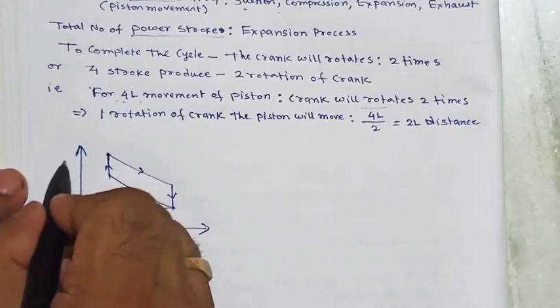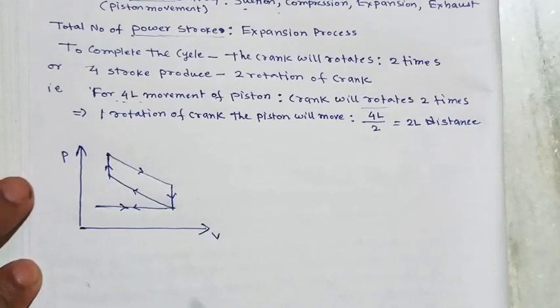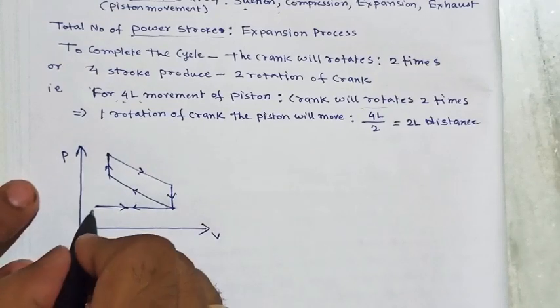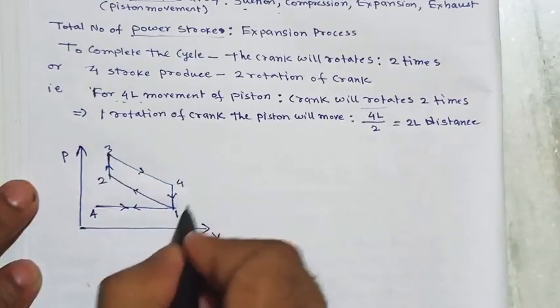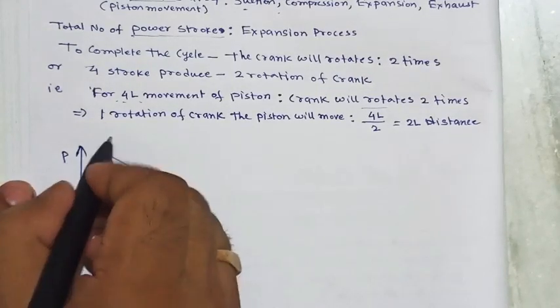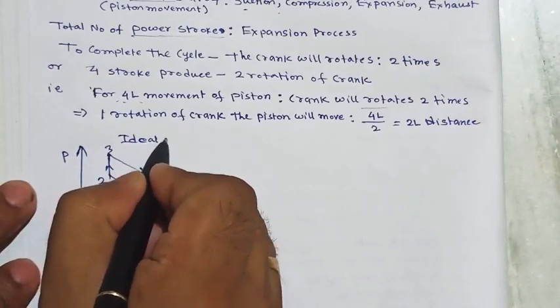And this is the PV diagram. Okay, this is the cycle, that is A, 1, 2, 3, 4 and 1. Now this is the ideal cycle.